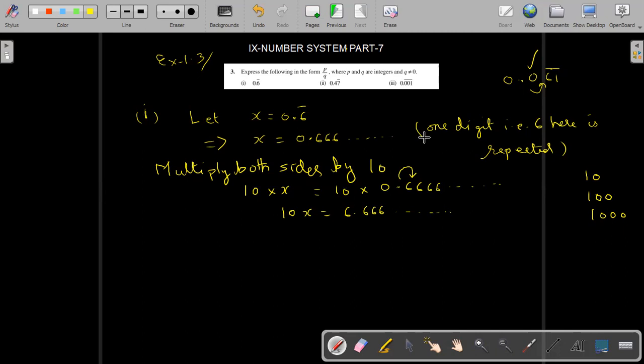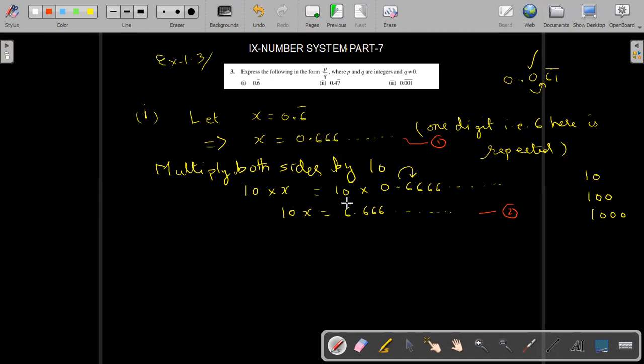This is our equation number 1 and this is our equation number 2. What we were trying to do is get one repeated digit outside the decimal, on the left side.